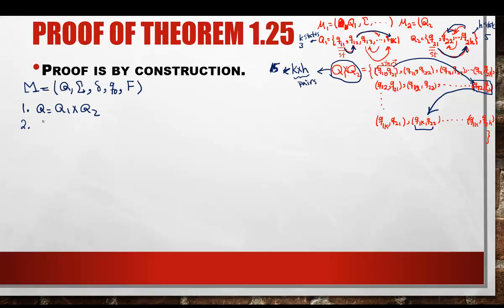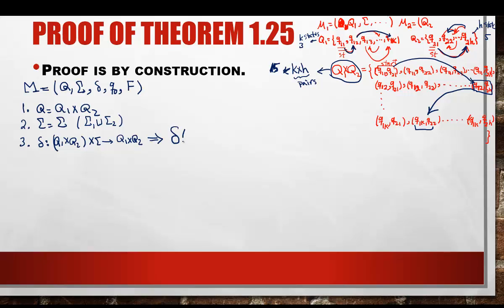Sigma is the original sigma if both alphabets were the same, or if the two alphabets were not the same, then it's the union of the two alphabets. Delta is a function from the cross product of Q sub 1, Q sub 2, cross the alphabet, to Q sub 1 cross Q sub 2. And this is how my delta looks.